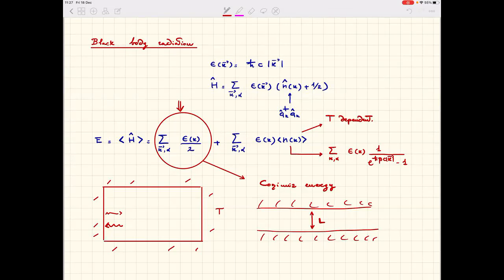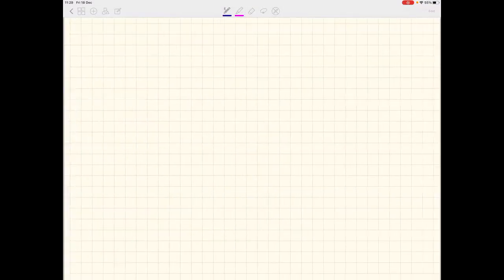So I'm not going to deal with the Casimir energy in what I'm going to say next. So let me forget about the Casimir energy and subtract it. Let me consider E minus E Casimir. So this is the sum over k and alpha, epsilon k times 1 over e to the beta h bar c k minus 1.